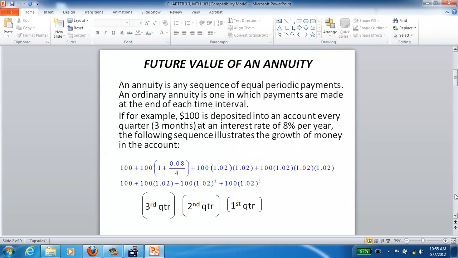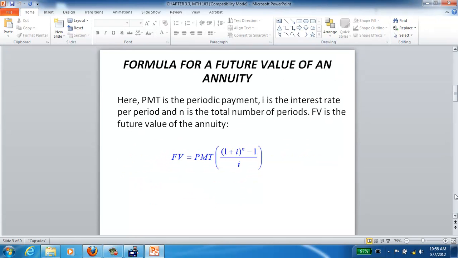An annuity is any sequence of equal periodic payments. An ordinary annuity is one in which payments are made at the end of each time interval, and that could be the month, could be a quarter, and so on. This is the formula for the future value of an annuity. FV is the future value, PMT is the payment, and then (1 plus i) is raised to N, the number of periods.